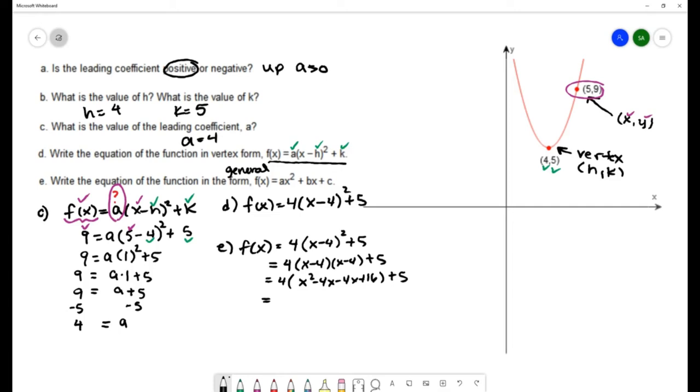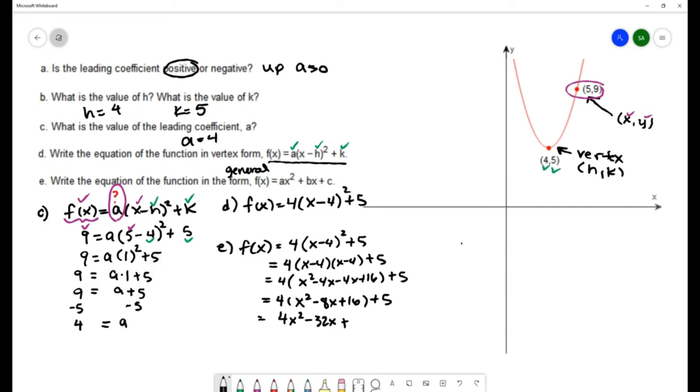I'm going to simplify inside the parentheses by combining like terms. Negative 4x minus 4x is a negative 8x. And I'll distribute the 4. That gives 4x^2 - 32x.